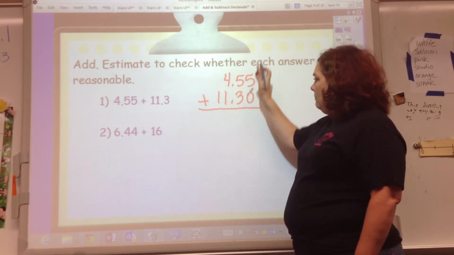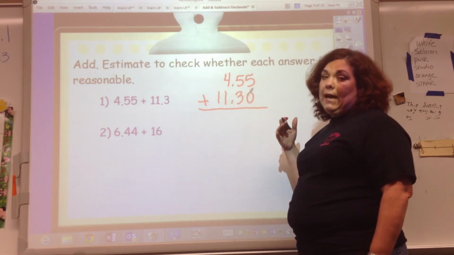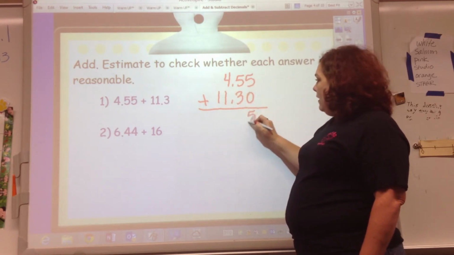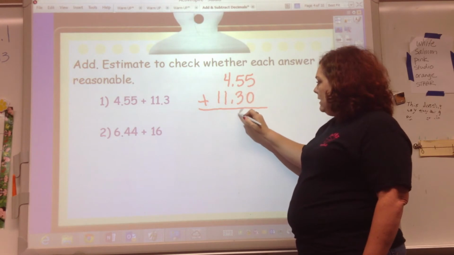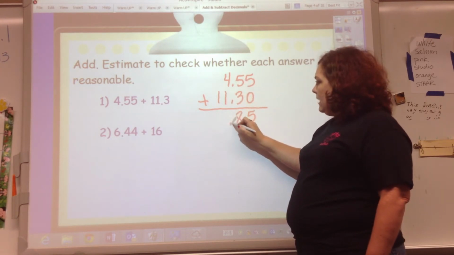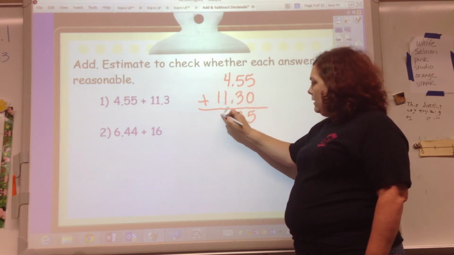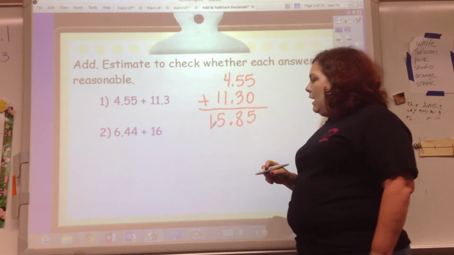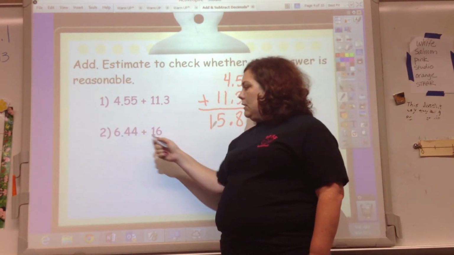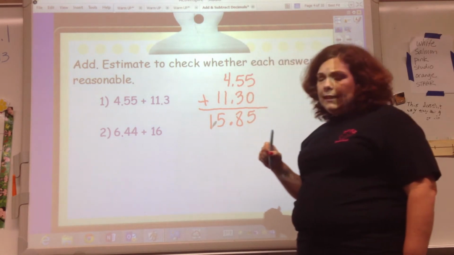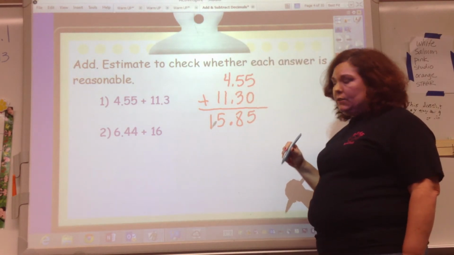It fills it in and makes it nice and neat. And now I can just add like normal. 5 plus 3 is 8. Bring down my decimal point. 4 plus 1 is 5. And then 1. Go ahead and do this problem yourself, and then come back and check your answer.